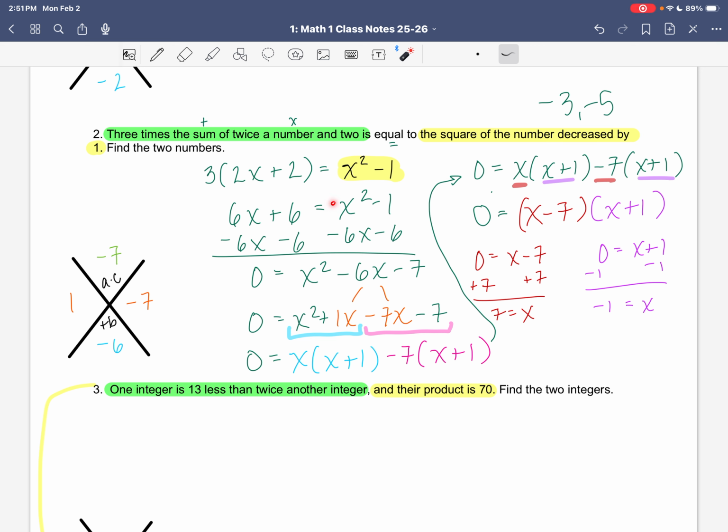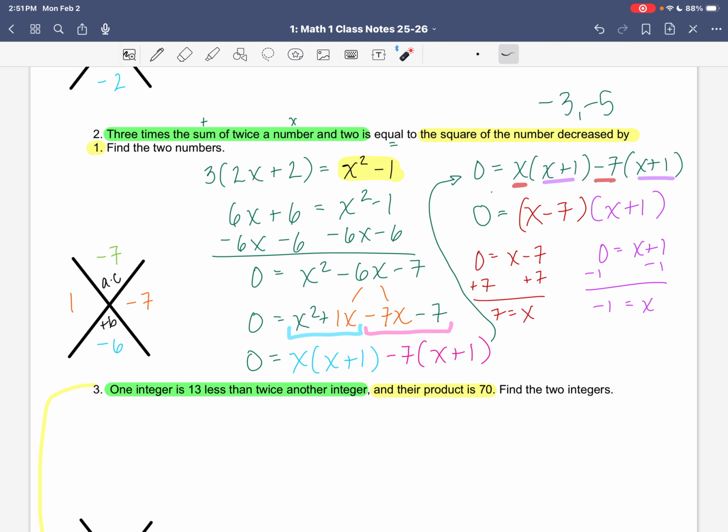Now what I would do is, since this is already plus, I would definitely move everything over here. So we're going to subtract 6x, and then those are going to simplify to give you 0, and you're left with x squared minus 6x minus 7. So again, go through, you're going to factor, and once you factor, you should get x minus 7 and x plus 1, set each one equal to 0.